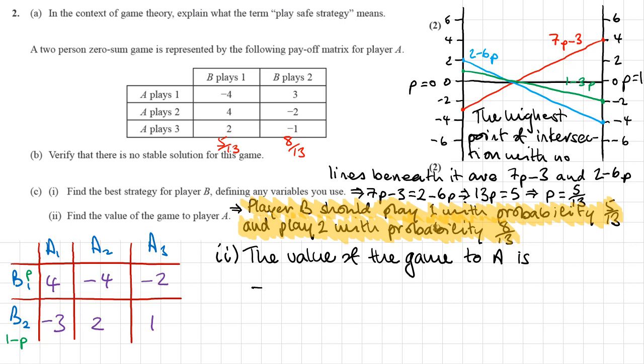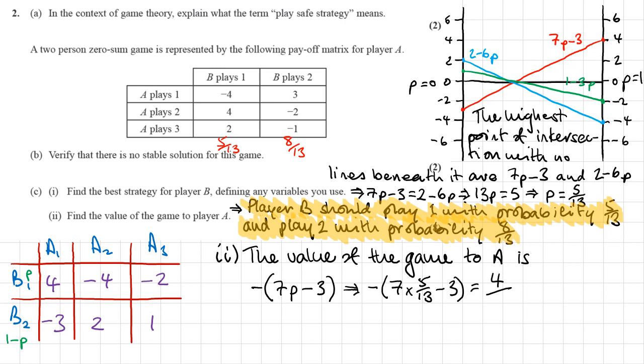So we basically need to do the negative of 7P minus 3, otherwise we'll be working out the value to B. So it'd be negative, and then 7 times by, so P was 5 over 13, minus 3, and that gives 4 over 13.